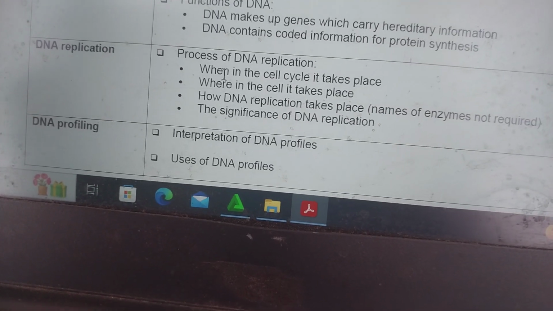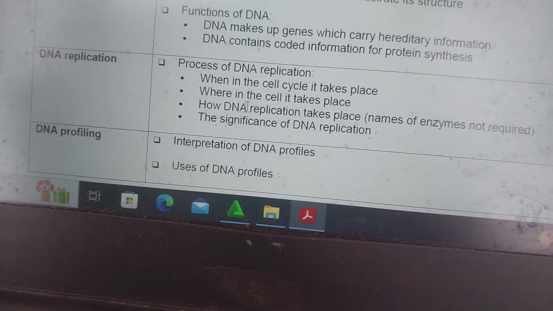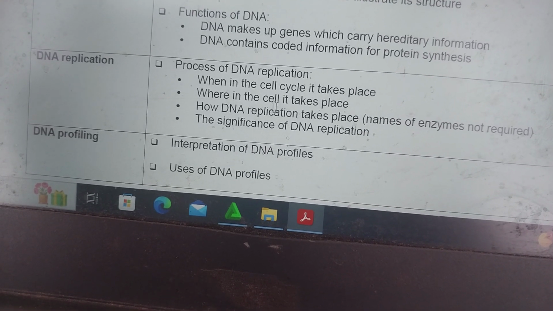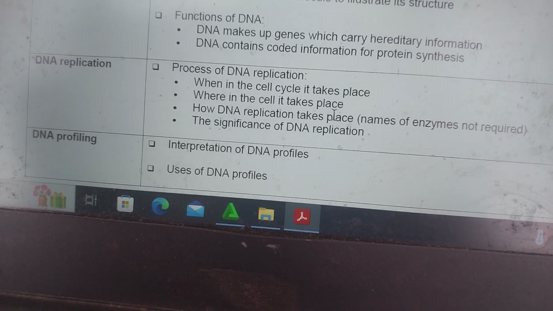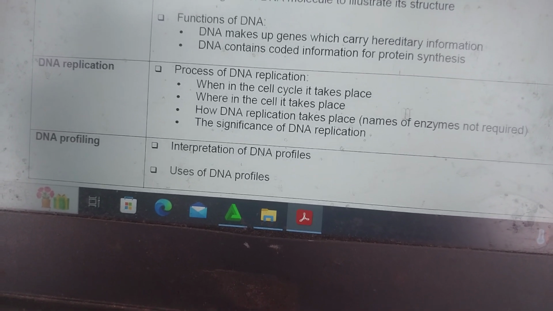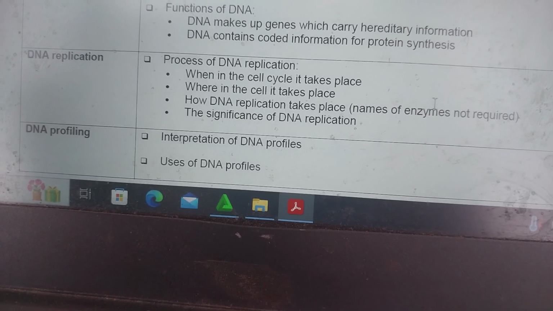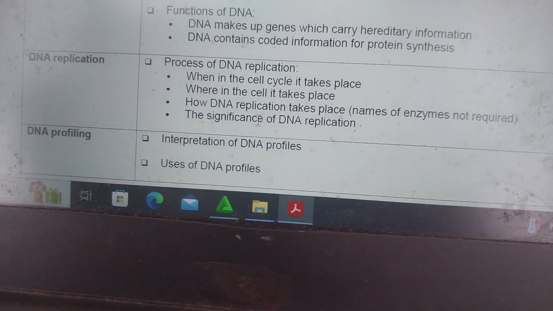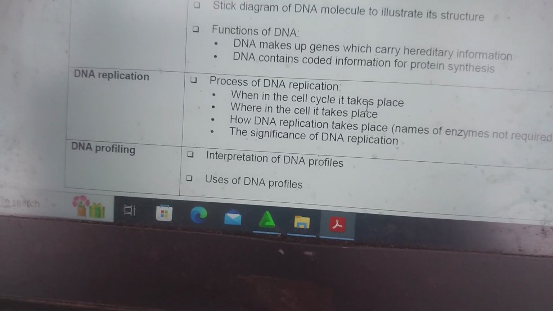You must know that when the cell cycle takes place, you must also be able to know how DNA replication takes place, and this happens under the influence of enzymes, but usually we don't go deep, according to your level, to describe which enzyme and how. Then you must also know the significance, or the advantages, of DNA replication.